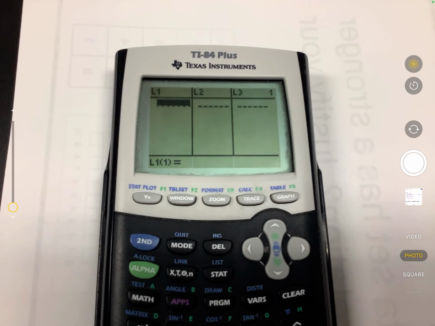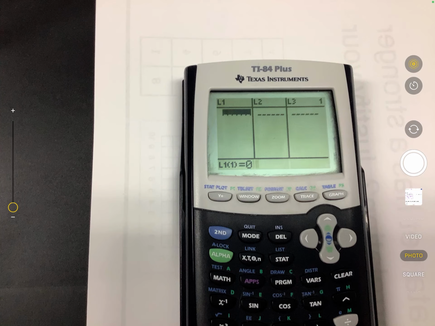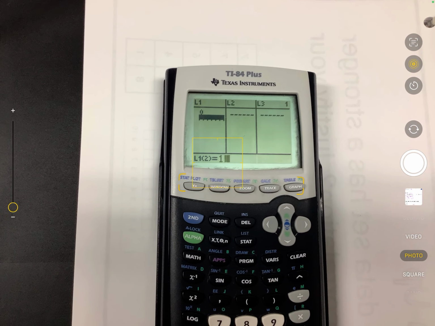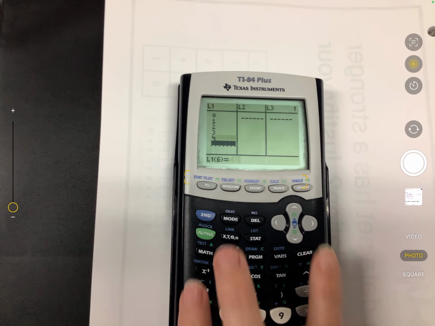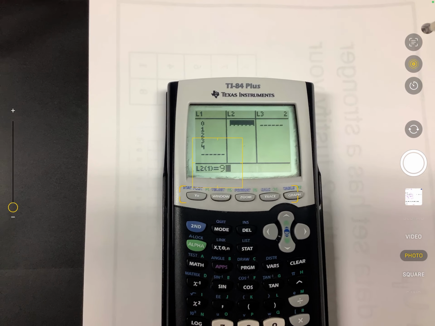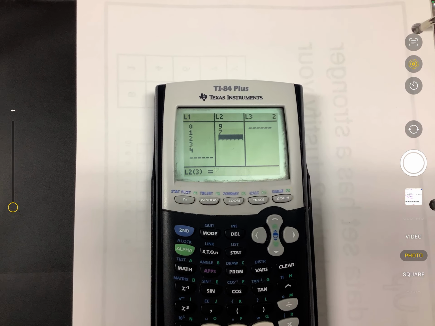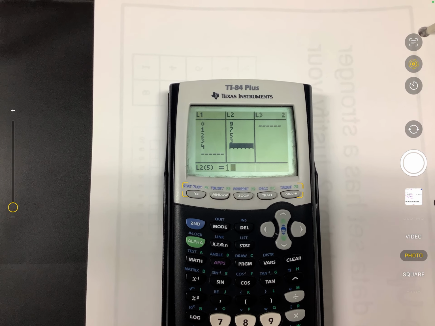So in L1, I'm typing in the X values, which were 0, 1, 2, 3, and 4. And then the Y values I'm typing in L2, so those values were 9, 7, 5, 3, and 1.